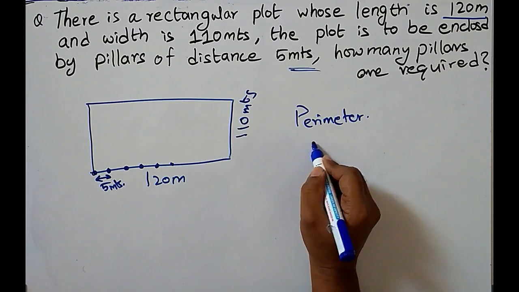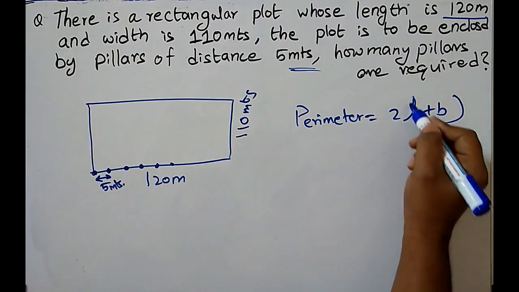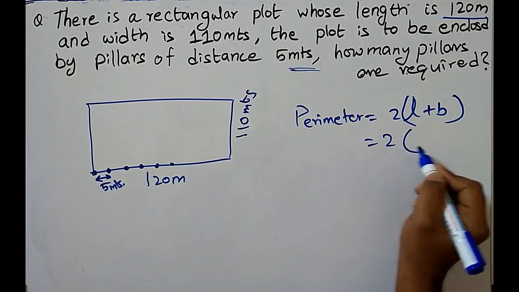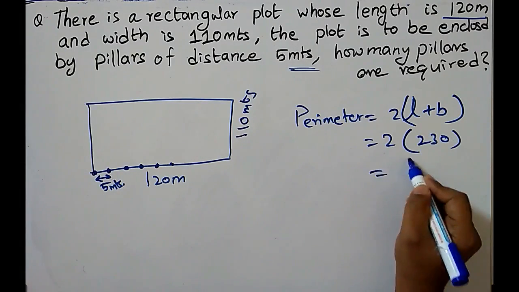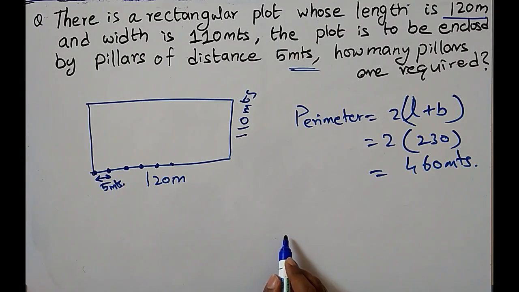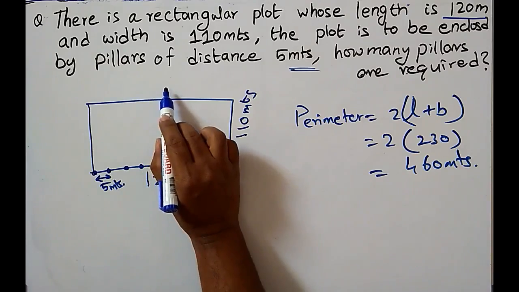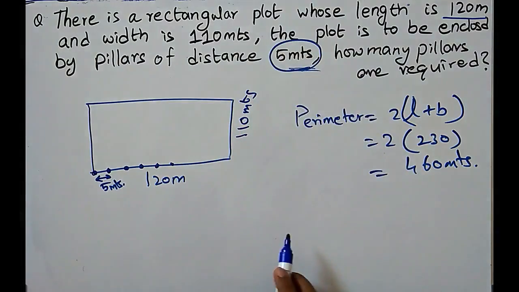It is given by 2 into (L plus B). 110 plus 120, 230, times 2, 460 meters. And each pillar is at a distance of 5 meters.